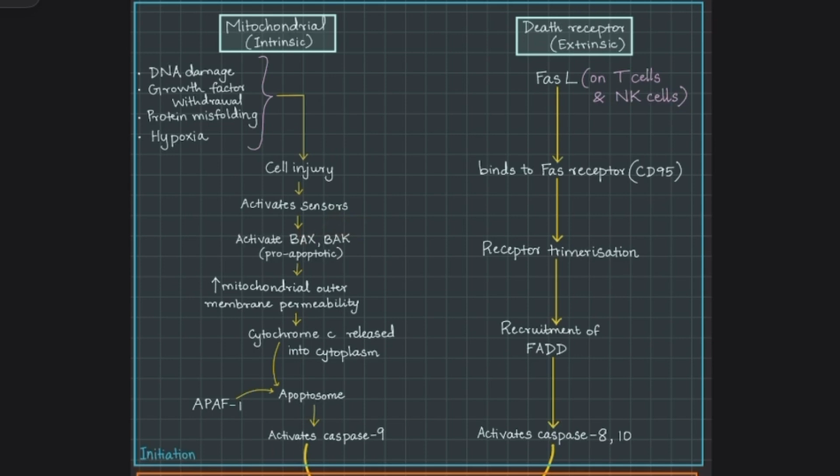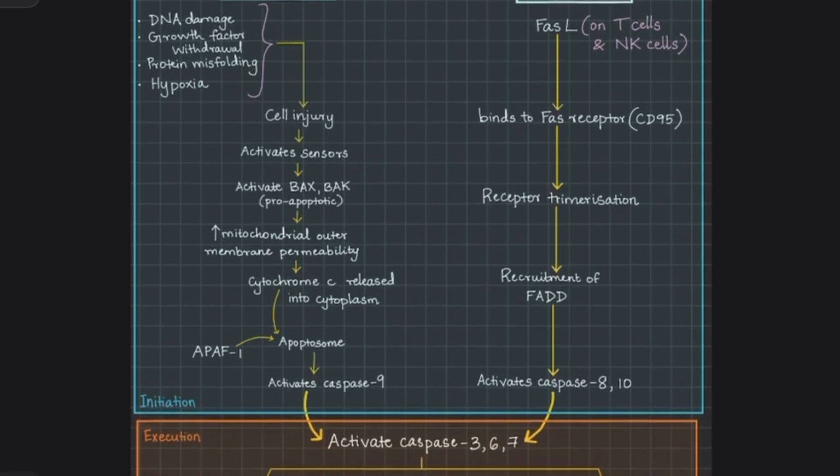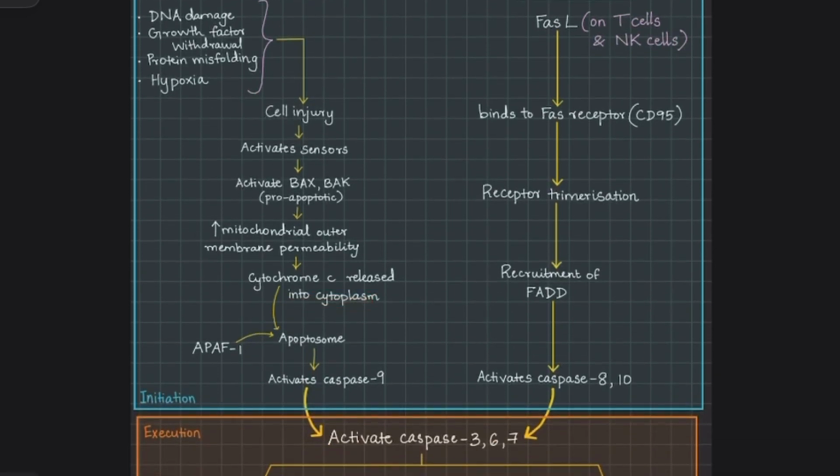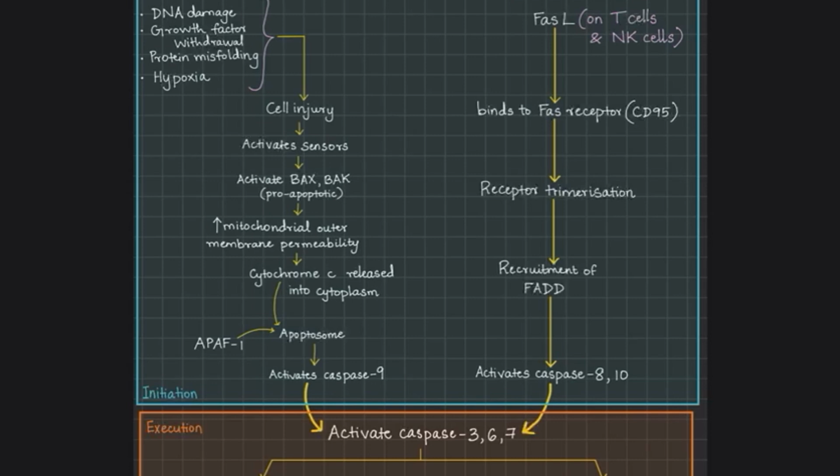BAX and BAK will increase the mitochondrial outer membrane permeability, and cytochrome C, which was stored in the intermembrane space of mitochondria, will be released into the cytoplasm. Cytochrome C will then combine with apoptotic protease activating factor 1 to form apoptosome. This apoptosome will activate caspase 9, which, if you recall, is an initiator caspase. Caspase 9 will further activate executioner caspases.